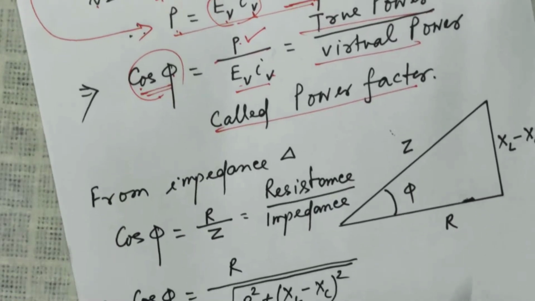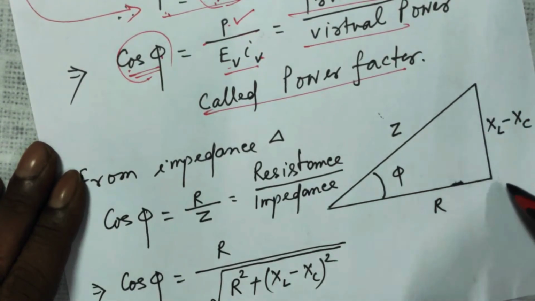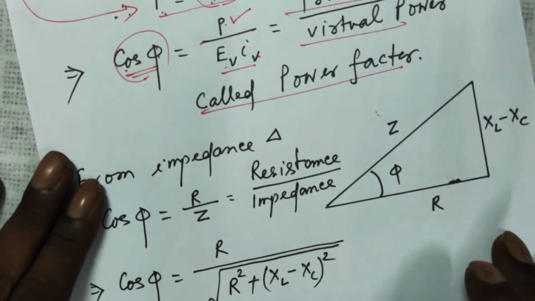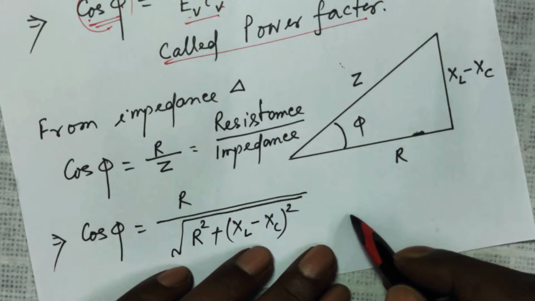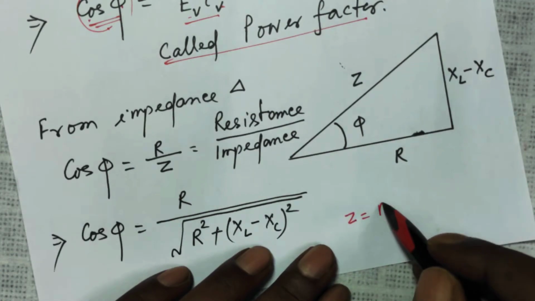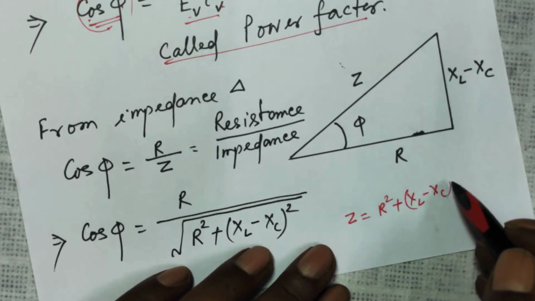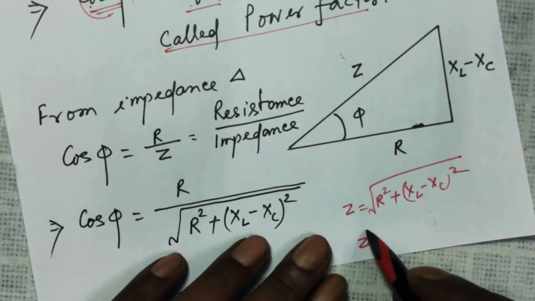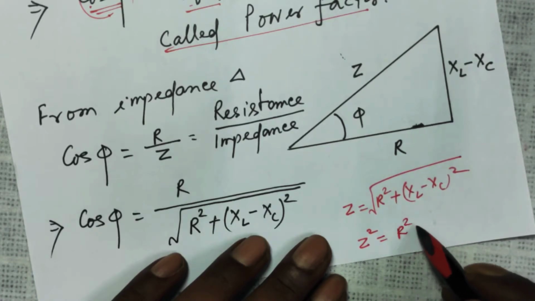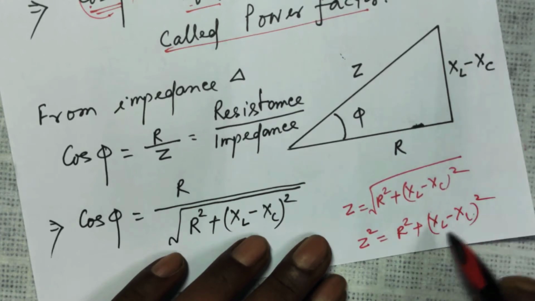Now I have also explained you impedance triangle. This triangle, when I derived impedance for a RLC circuit, means the total resistance Z was equal to square root of R square plus XL minus XC whole square. Squaring on both sides, it had become Z square is equal to R square plus XL minus XC whole square.